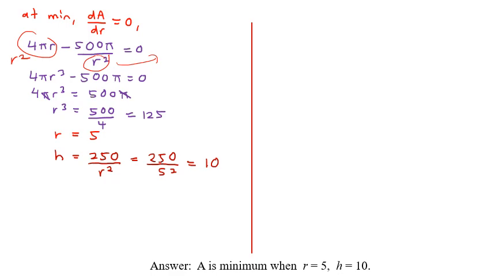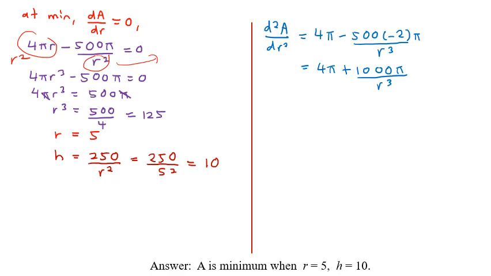But our mission is not done yet, because we still don't know whether these values of r and h will give a minimum or not. So remember, you have to do the second derivative. We differentiate again.